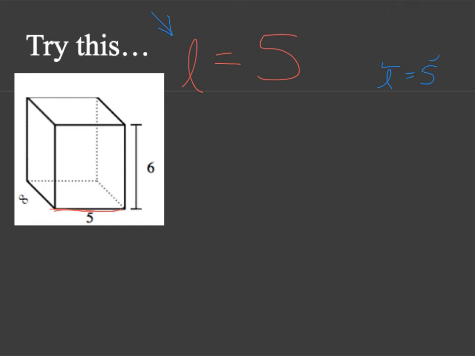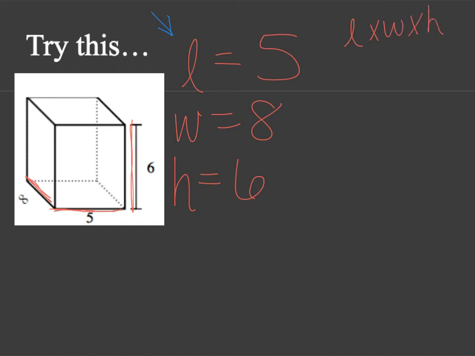So we're identifying our different lengths here. My length is 5, my width goes across this way, and my width is 8, and my height is up and down right here. My height is 6. So my formula is length times width times height.